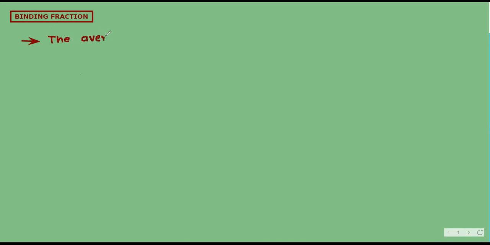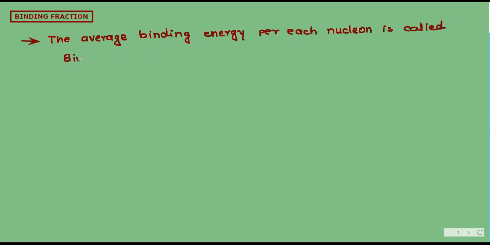The average binding energy per each nucleon is called binding fraction.